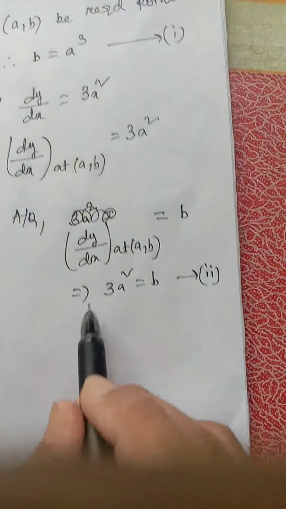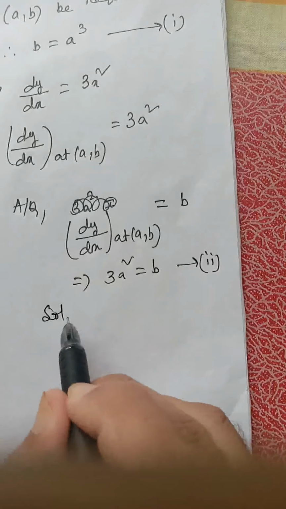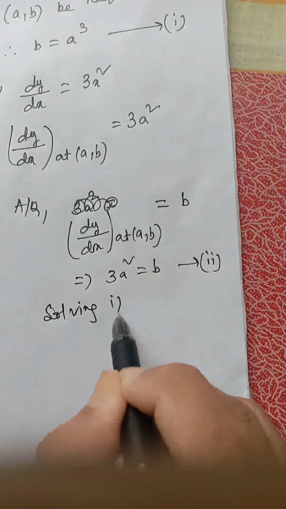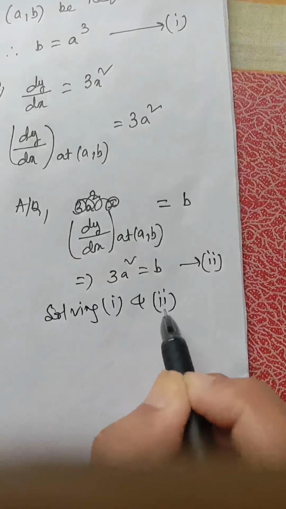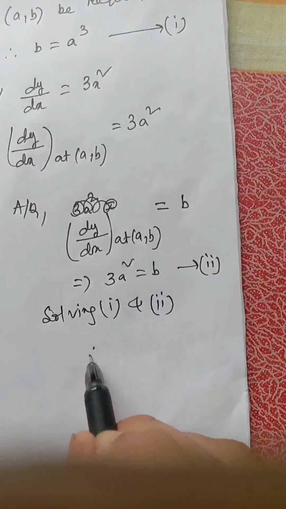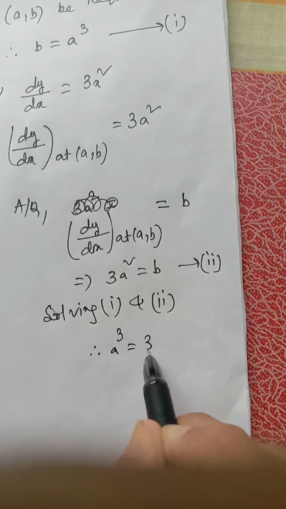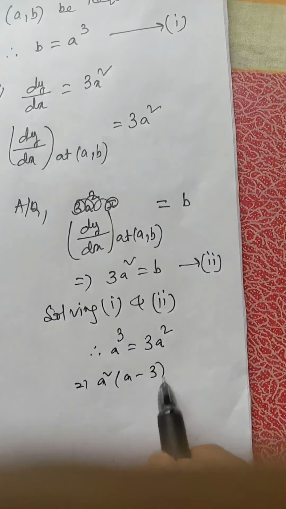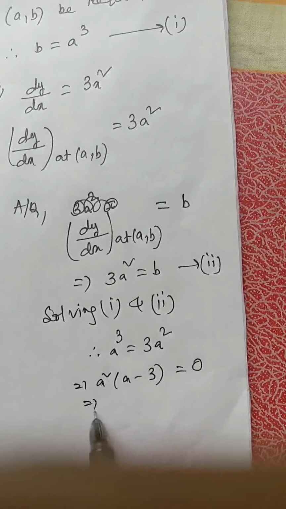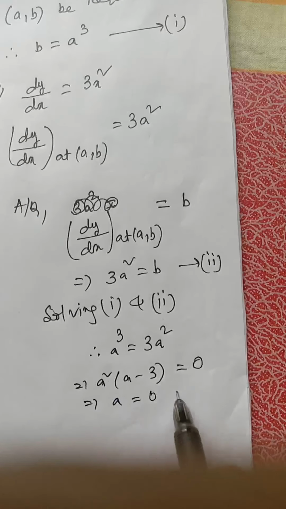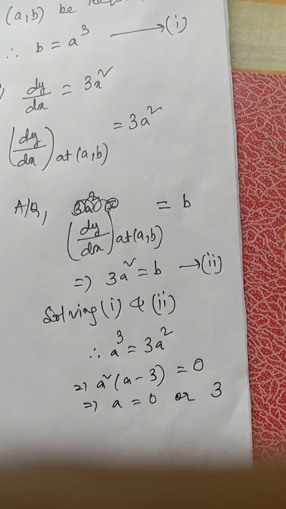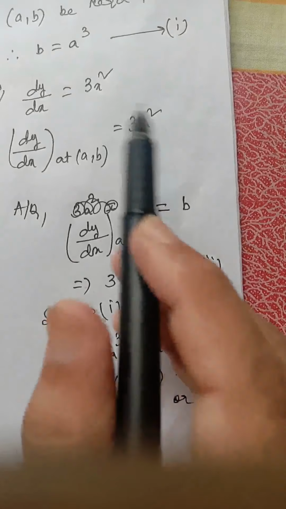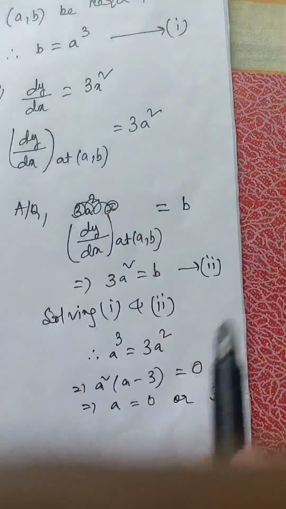Solving 1 and 2, b equal to a cube, so a cube equal to 3a square. Taking a square common, a equal to 0 or 3.